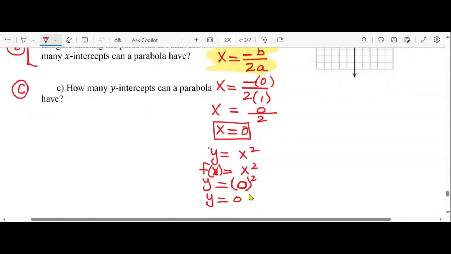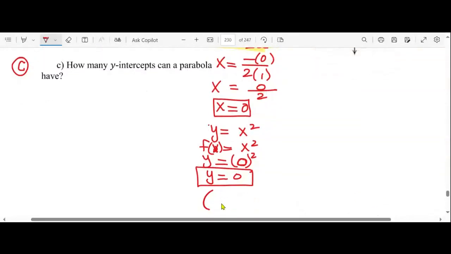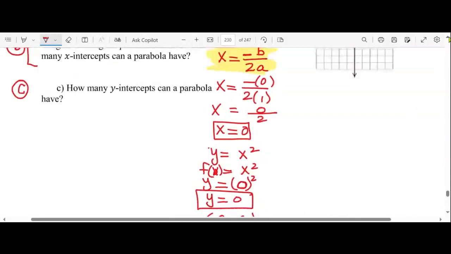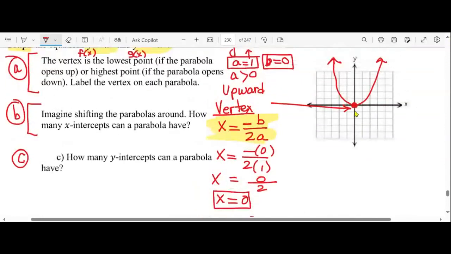So y equals 0. So I got the point. What is the vertex point now? 0, 0, correct? So your vertex point here, exactly as it's being drawn here, is 0, 0. You can put it here, 0, 0. That's called a vertex.